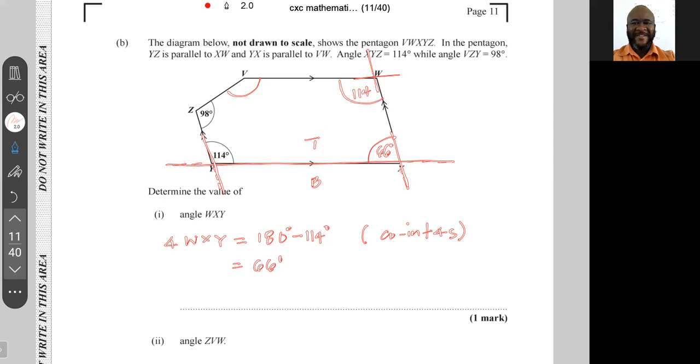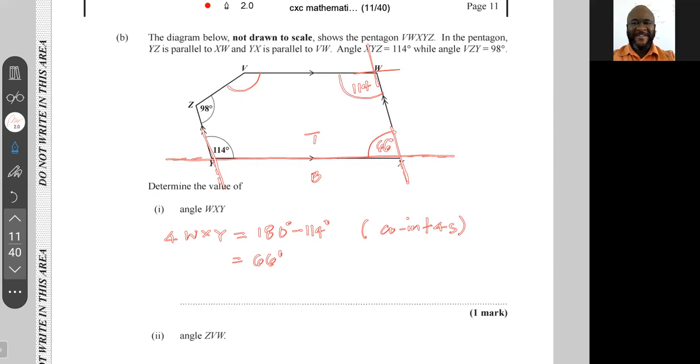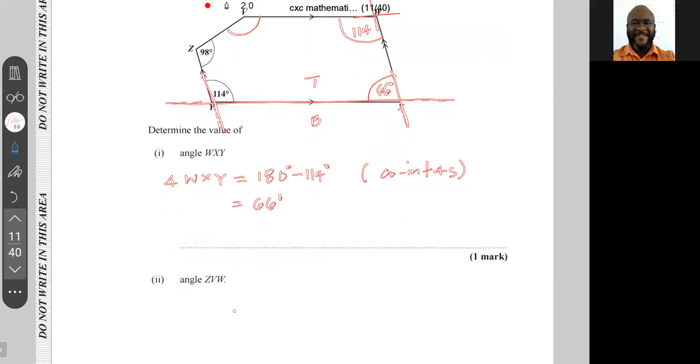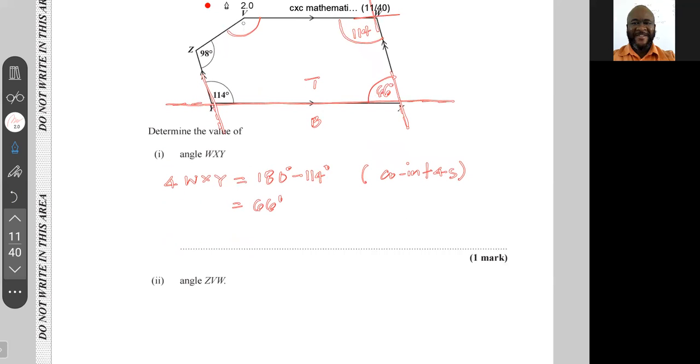All right. So I could say to the examiner that, remember, we're going after this angle here. Let's call it theta. That's the angle we're going after. But I can find this angle and then I can use a formula, the sum of the interior angles of a pentagon, to find out what the angle at V is equal to.